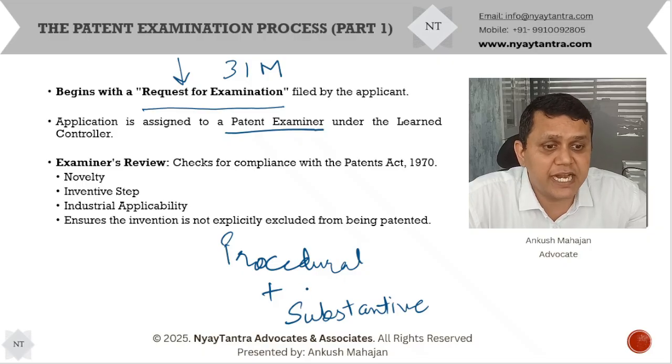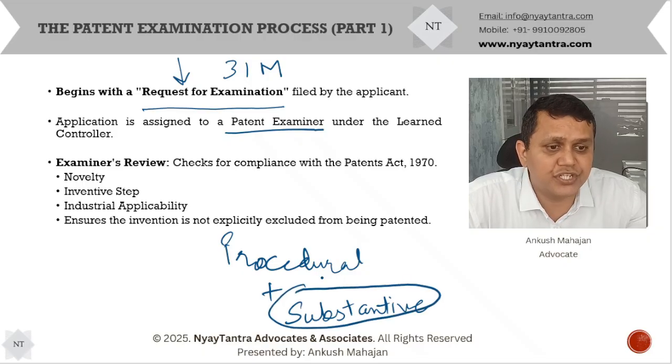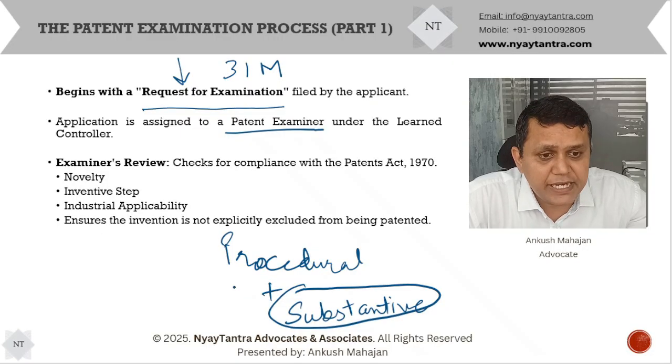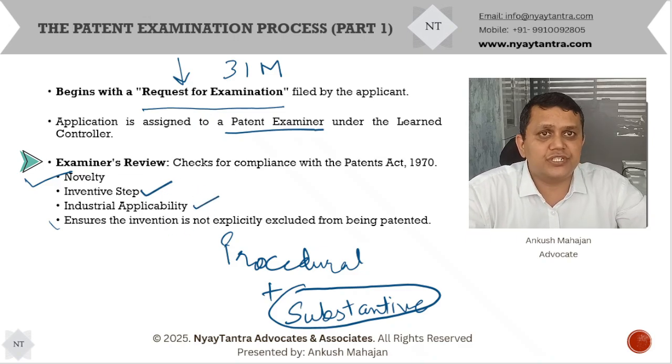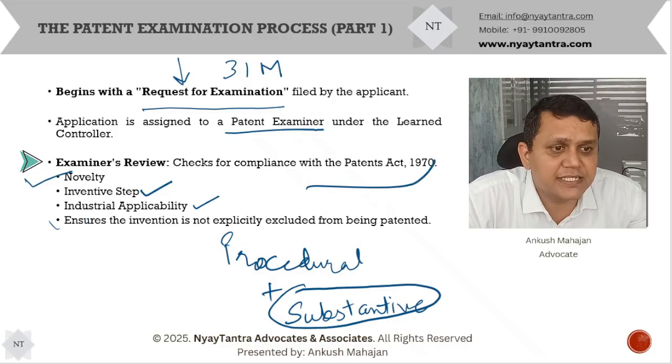Whereas in the substantive questions of law, the patent examiner is going to examine your application on novelty, on inventive step, and then on industrial applicability, so that it ensures that your patent application is in accordance with the requirements set out by the Indian Patent Act 1970.